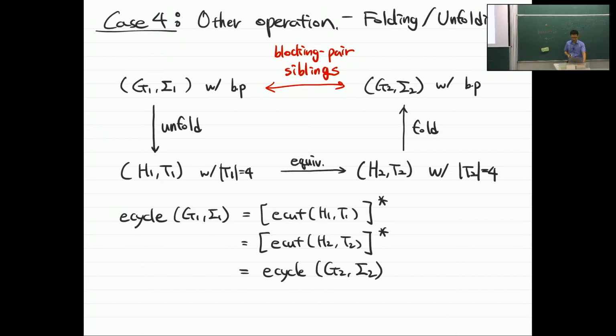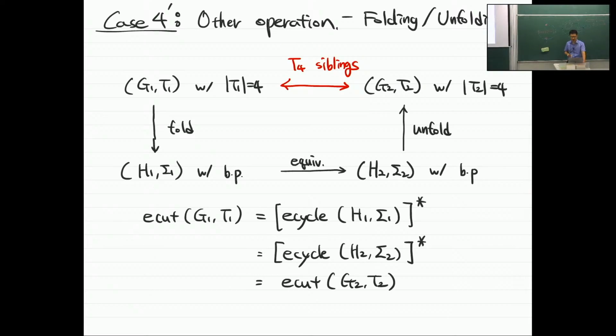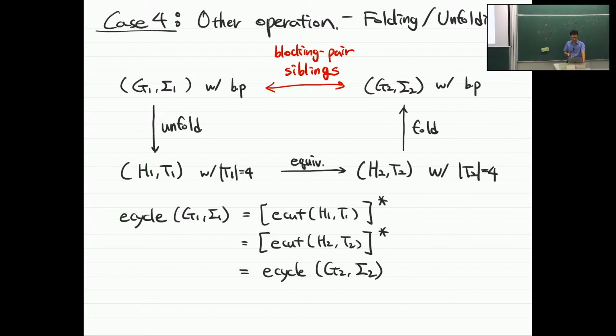And we can consider a similar operation. Start with the graph where T1 and T2 have size 4. So we fold, apply the equivalence relation, and unfold. For the previous one, we call these blocking pair siblings, because these two have blocking pairs.